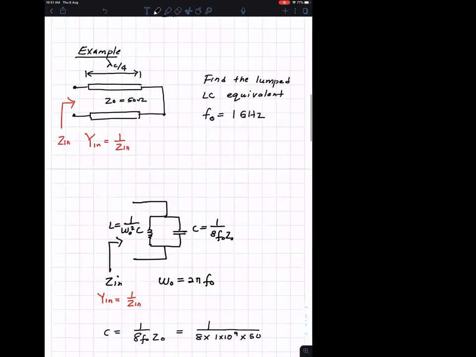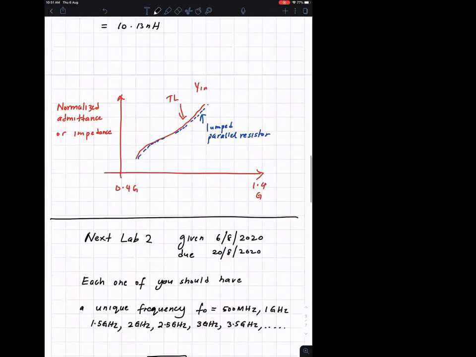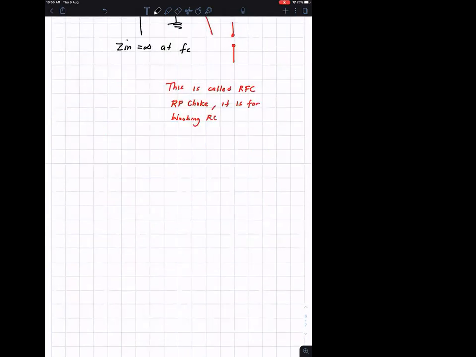Then the lab is quite easy. If anybody is having any problems with the simulation, you should contact me. Don't contact me on the day when it's due. Okay, next example.